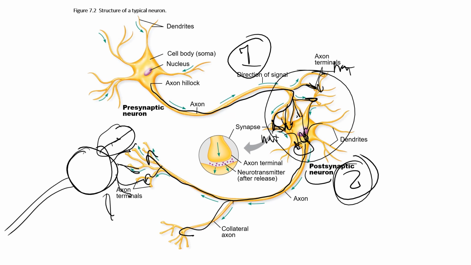Then the voltage-gated sodium channels in the hillock of neuron number 2 opened up. Sodium rushed in, made the hillock positive 30 millivolts. And what this really means is now we've generated an action potential.